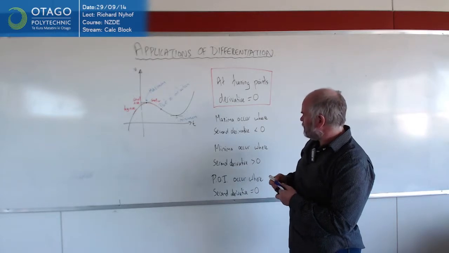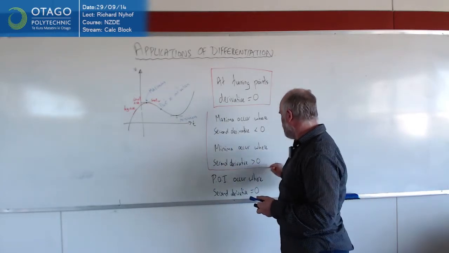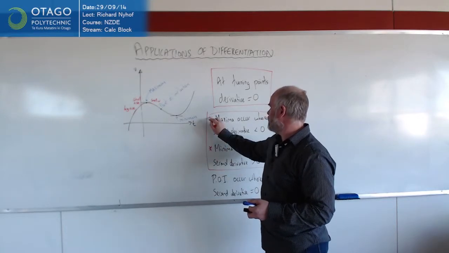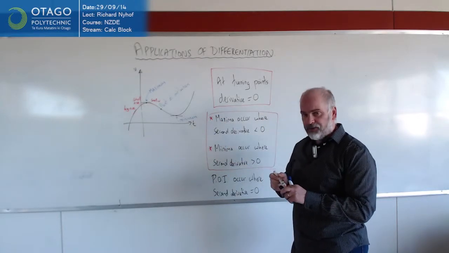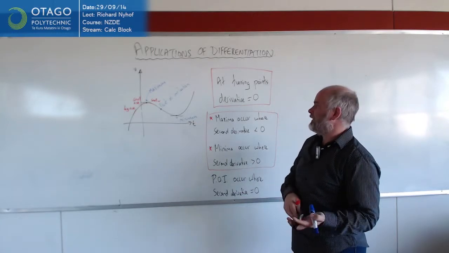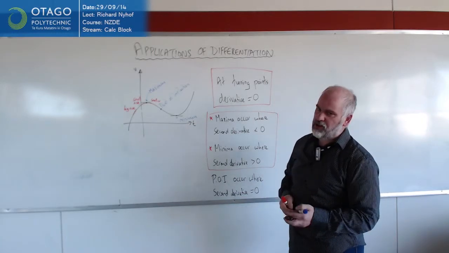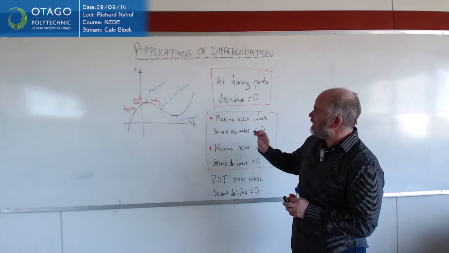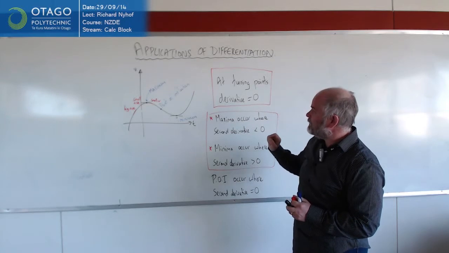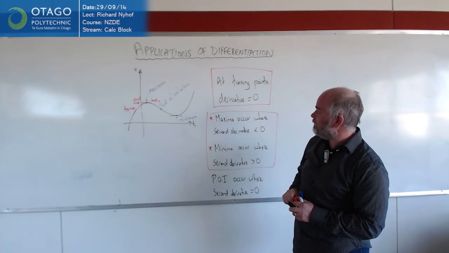The ones that are really important here are those two, because the typical question is going to say something like, given this curve, find where the maximum and minimum are and identify which is the maximum and which is the minimum. So that's just the theory, and in the next video we'll show you how to actually go about doing it by looking at an example.